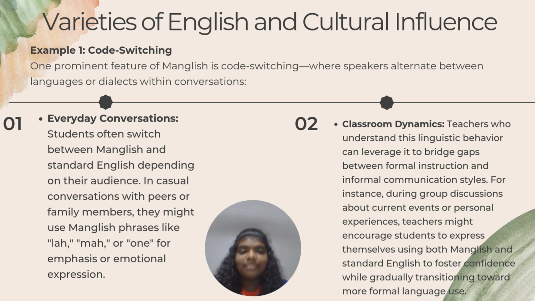Teachers who understand this linguistic behavior can leverage it to bridge gaps between formal instruction and informal communication styles. For instance, during group discussions about current events or personal experiences, teachers might encourage students to express themselves using both Manglish and Standard English to foster confidence while gradually transitioning toward more formal language use.